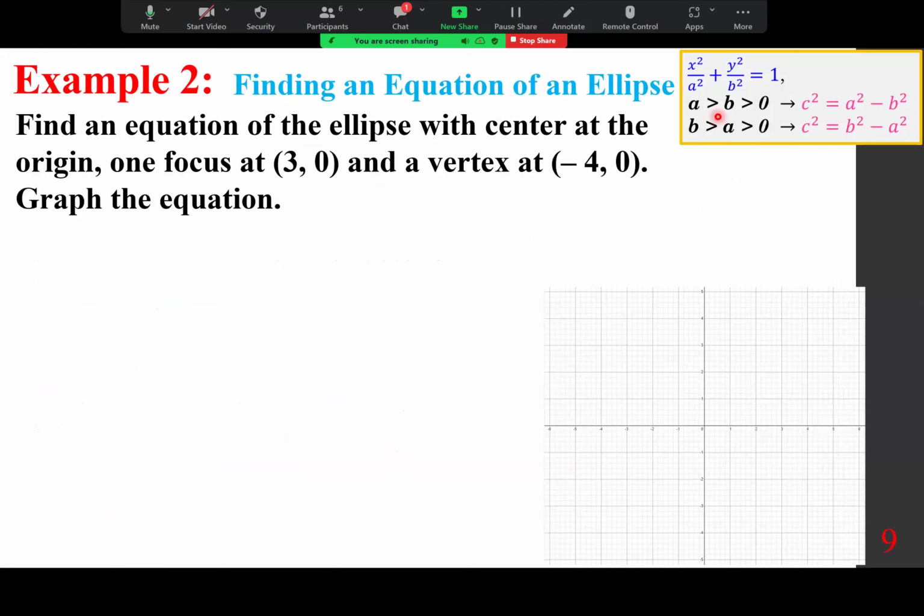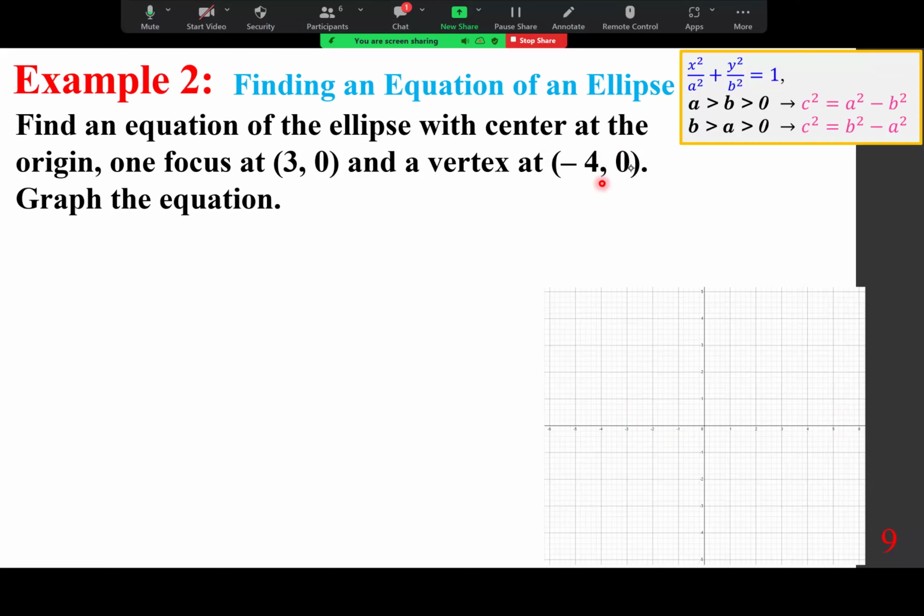Finding an equation of an ellipse. Find an equation of the ellipse with the center at the origin, one focus at 3, 0, and a vertex at negative 4, 0. Graph the equation. All right. Let's see what's happening. One of the vertices is at negative 4, 0. So that means the other one must be at 4, 0.